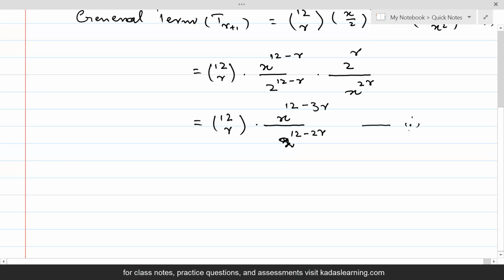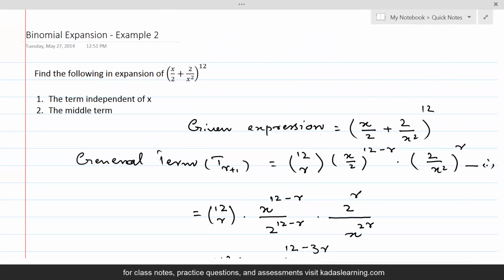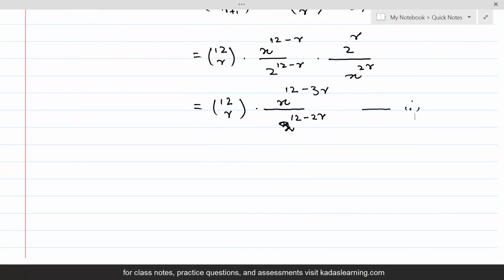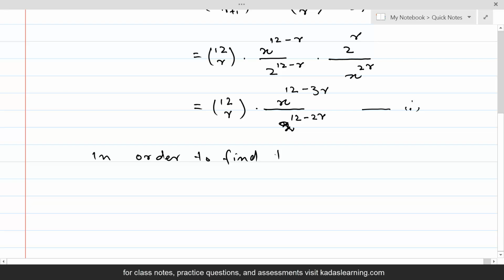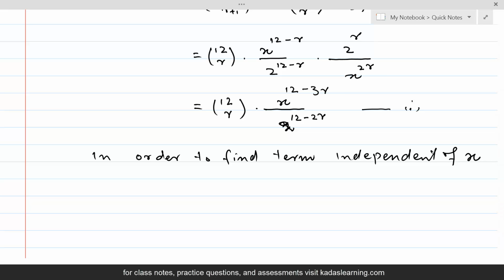In order to find the term independent of x, we are required to find the term involving x^0, which doesn't have x.